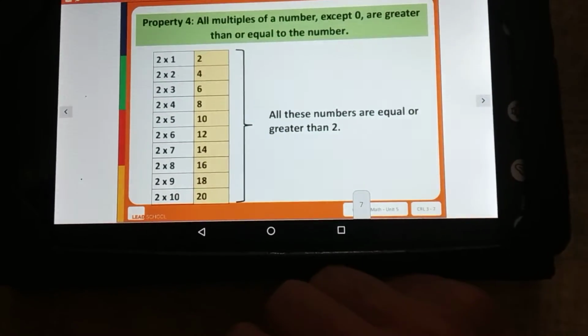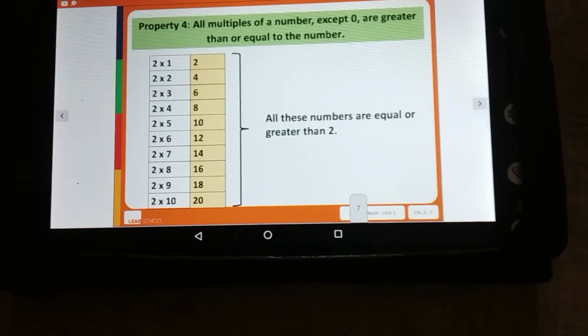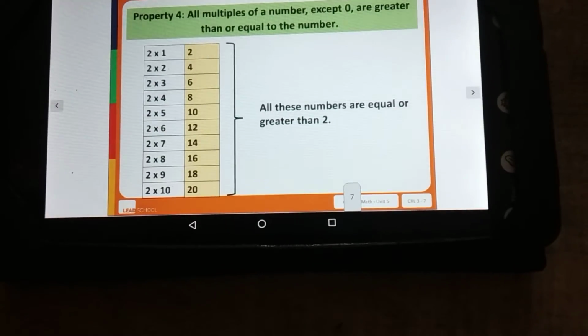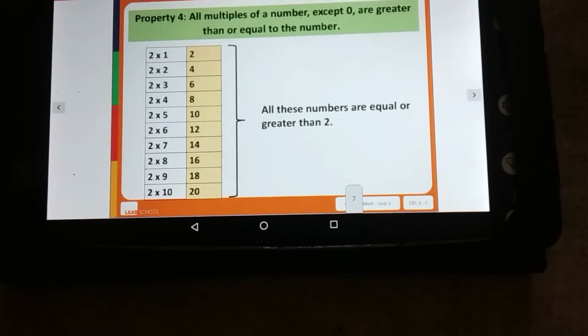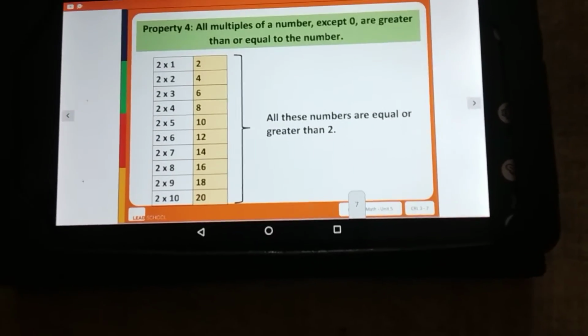Then property number 4: all multiples of a number except 0 are greater than or equal to the number.